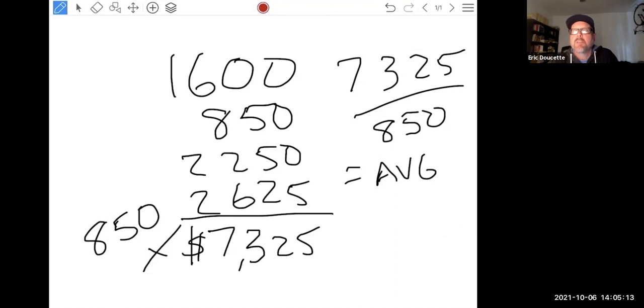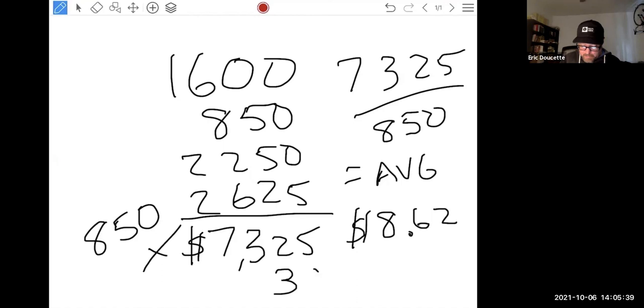So 7,325 divided by 850 equals, all right, I'm going to round that to $8.62. So that means the average cost for each of my items in inventory based on that segment of inventory is $8.62. So if I have 380 remaining in inventory, all I need to do is multiply that by $8.62.